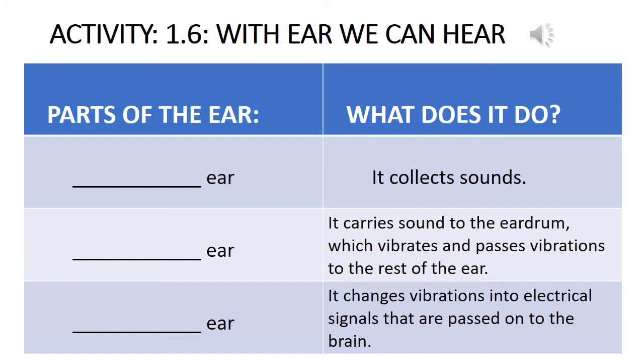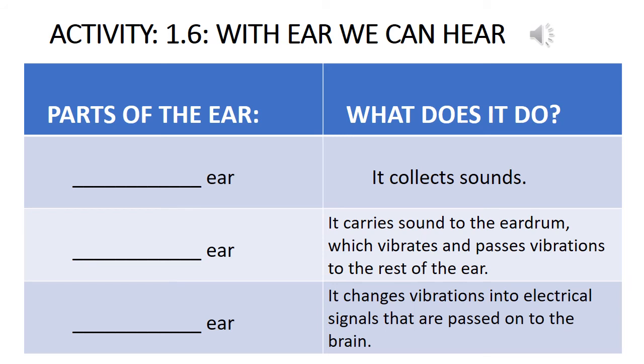We have to use these 3 words, inner, outer, and middle, to fill the blanks in the first column. Okay, it collects sound. Which part of the ear collects sound? Write the name of that part in the first row of the first column.